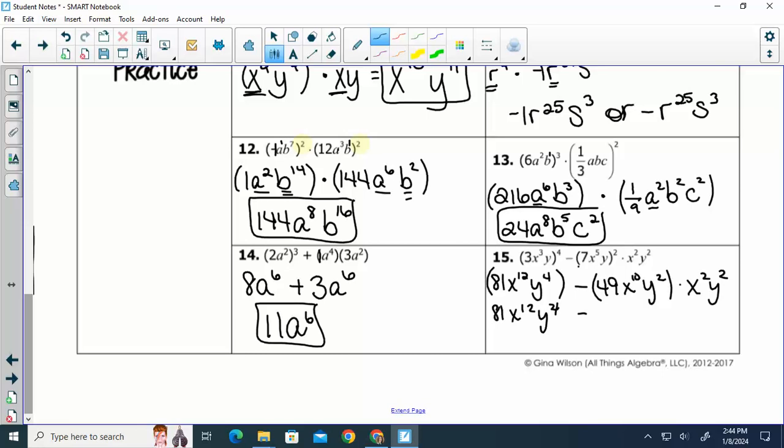Okay, we have to multiply these. Because the x's are written each time, we add the exponents. So 10 plus 2 is 12. 2 plus 2 is 4. Are they like terms? Yeah, they both have an x to the 12th and a y to the 4th. So we do 81 minus 49.